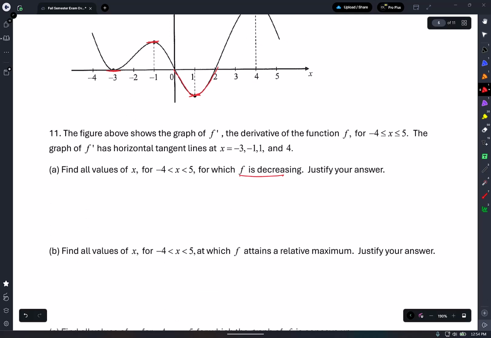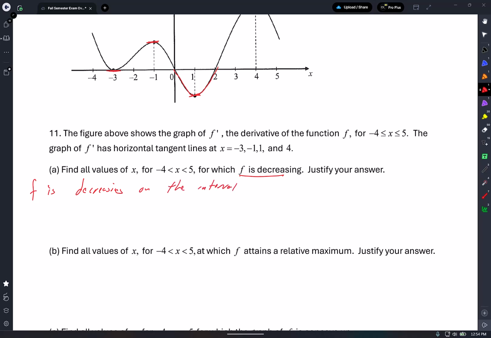So I'm going to write f is decreasing on the interval, bracket 0 to 2, since f prime is negative on 0 to 2. Notice I didn't put parentheses here.